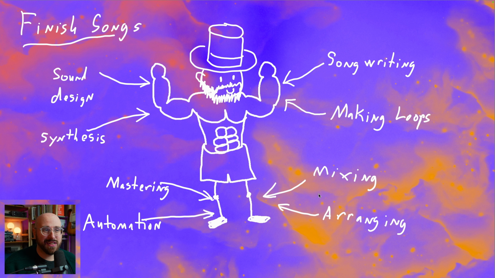and automation and arranging. And as a result, you end up looking like a very unbalanced bodybuilder, in which you are super jacked with the skills that you use in the beginning of producing a track, and you are lacking some tone and definition in the areas that are important for finishing a track.